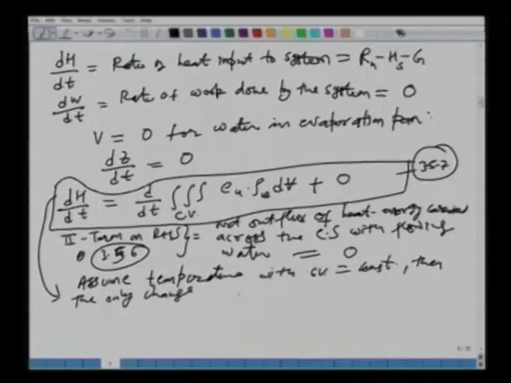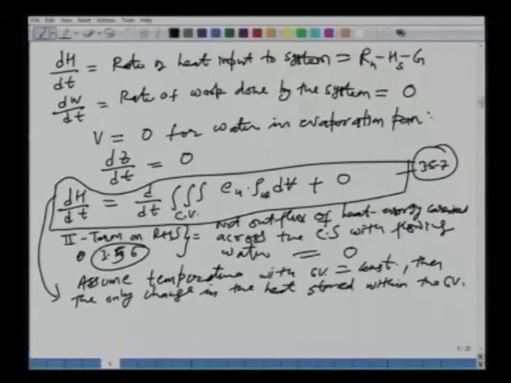in the heat energy stored within the pan or the CV is equal to what?